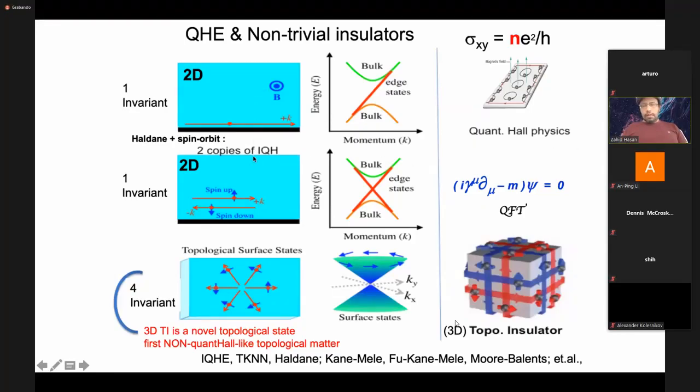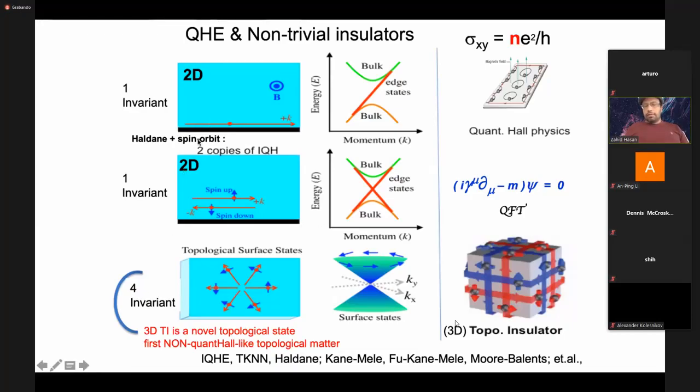So decades later, people considered, what if we take two copies of the quantum Hall state, spin up and down, and put them together? Is there a natural interaction in the solid that allows us to do that?